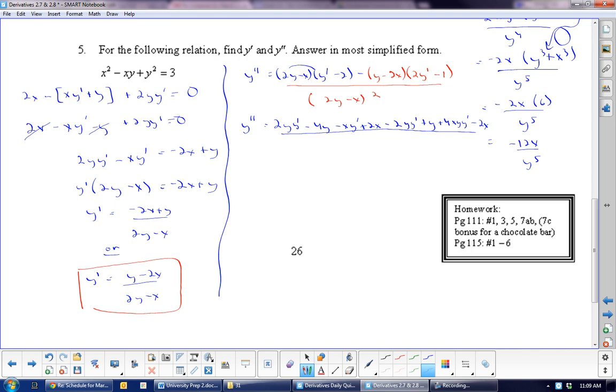That's all over my good old 2y minus x squared. Oh yeah, that y is not supposed to be there. I really need to make my notes bigger.